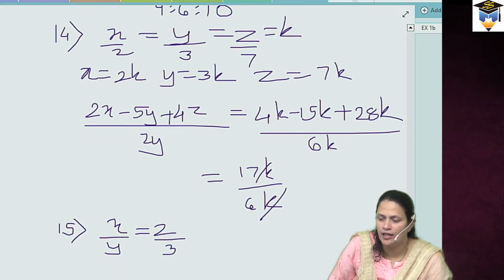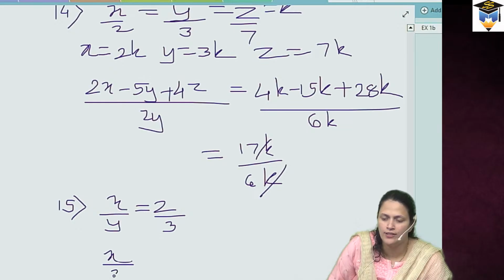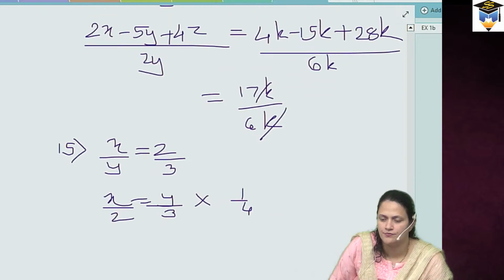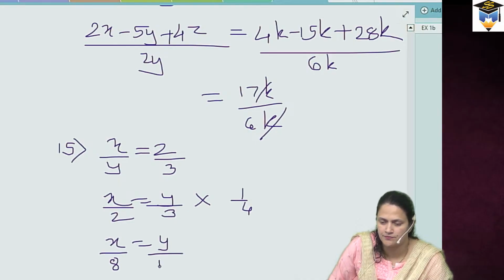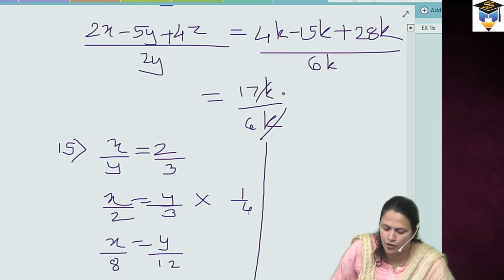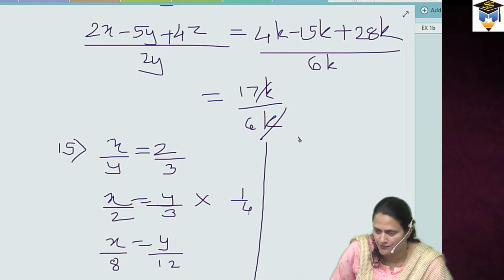So if I apply alternando over here, x upon 2 is equal to y upon 3. Multiply this by 1 by 4 on both sides. So x upon 8 will be equal to y upon 12, correct? Similarly, we have got y upon z is equal to 4 by 3.